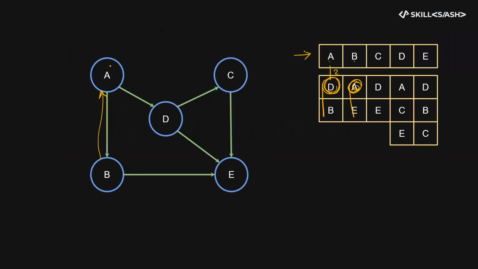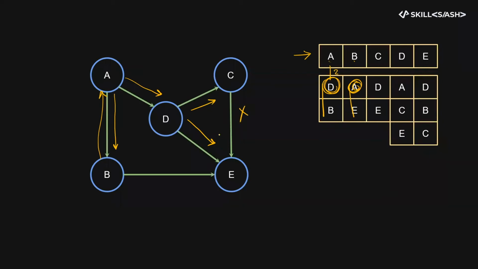So let's say what it means is this. Let's say you want to cover this whole graph. Then the minimum spanning tree can be that you go from A to B and A to D, let's say, then D to E only and D to C only.